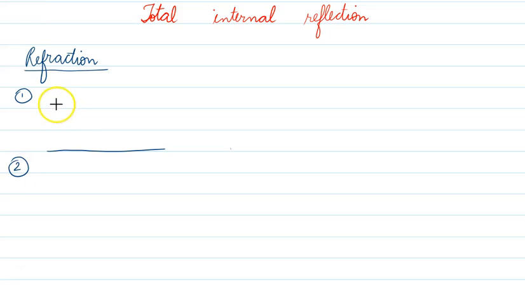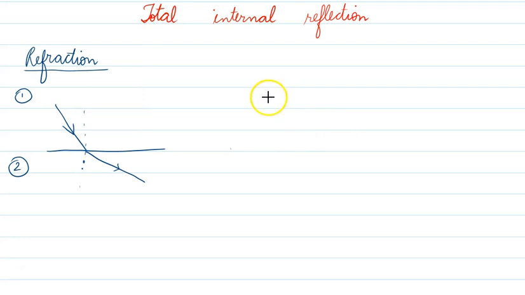Now, if a ray of light comes from medium 1, this is the normal to the surface, and this ray of light now is going towards the medium 2. Let us just say that medium 2 is optically rarer than medium 1. So, light is traveling from optically denser to optically rarer medium. So, it will bend away from the normal like this.